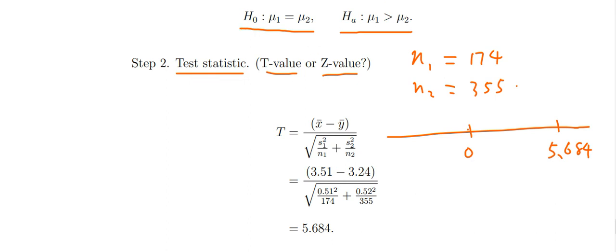Also, from this number, whether Z table or T table, we know 5.6 is a huge number, right?